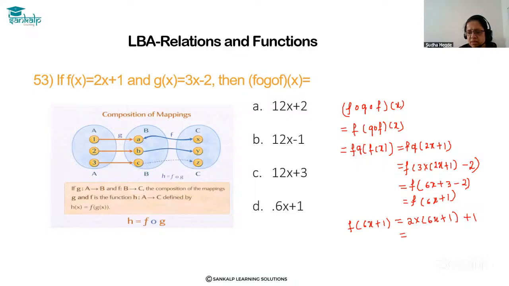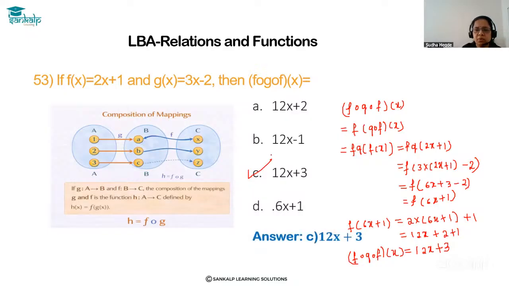So it is 6 2s are 12x plus 2 plus 1, that is equal to 12x plus 3. So f composition g composition f of x is equal to 12x plus 3. Check the option. Option C, 12x plus 3 is the correct answer. Thank you.